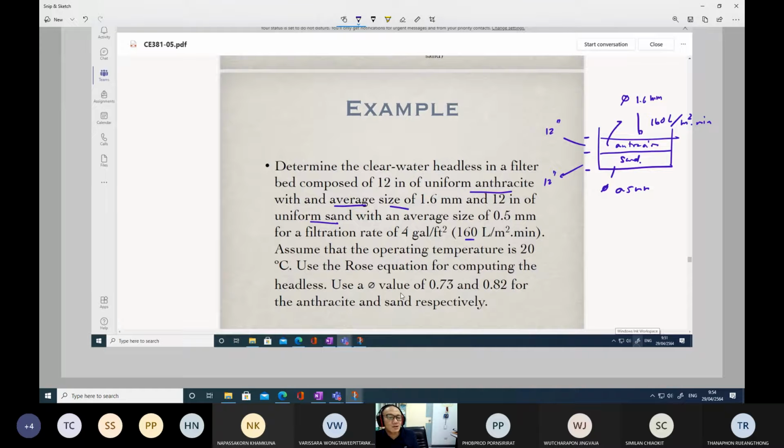This information you have to obtain from the table at a temperature of 20 degrees Celsius. And okay, in this example, they want you to use the Rose equation, with shape factor phi values of about 0.75 and 0.82.